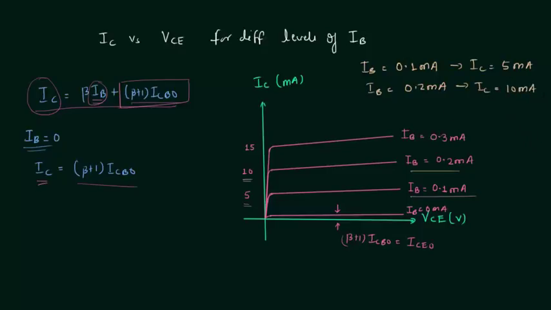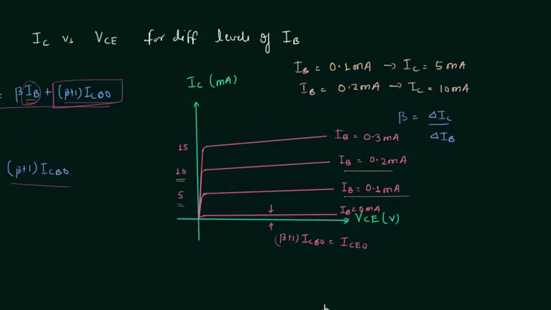We can easily calculate the current amplification factor beta. It is equal to delta IC divided by delta IB, small change in the collector current divided by small change in the base current. Delta IC is equal to 10 minus 5, and delta IB is equal to 0.2 minus 0.1.